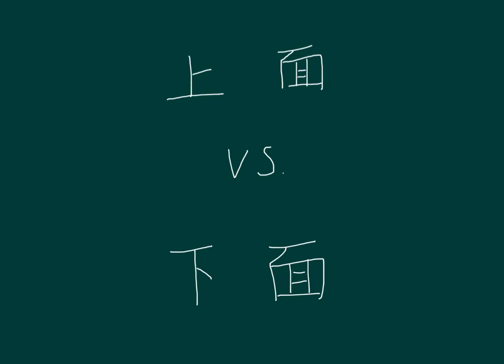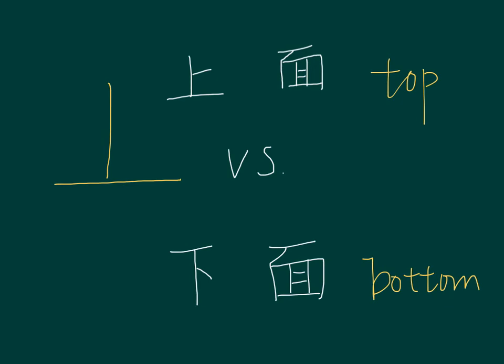Now for 上面 and 下面, we know the meaning very well now. To remember what 上 and 下 mean, if this is a horizontal line and a line goes up and you have an arrow pointing at it, of course that means 上.